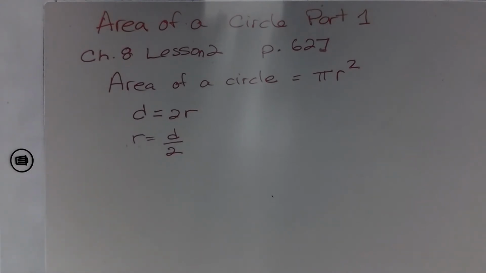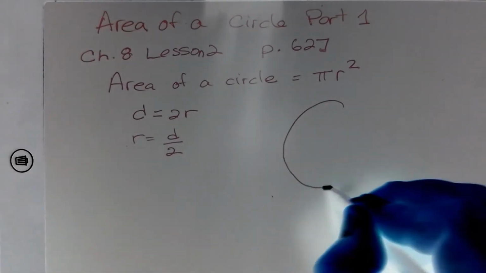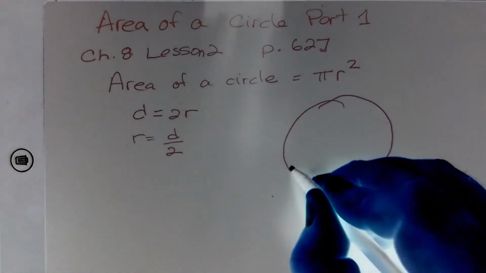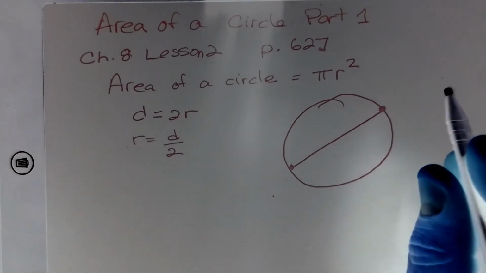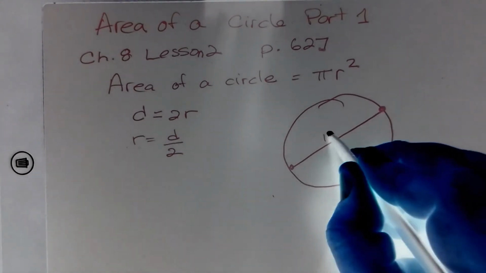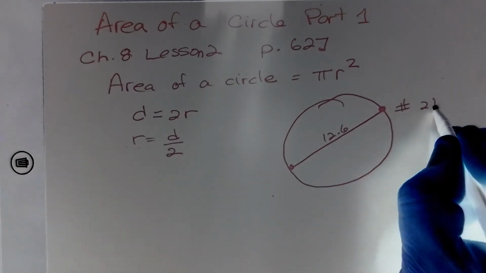So if we take a look, for instance, at a few questions for the circle, let's say I'm given this here, the circle from one point to the other, and this is actually going to be 12.6. This is actually number 21.